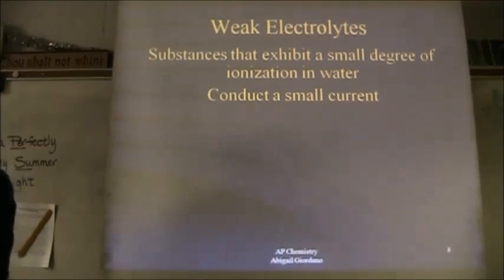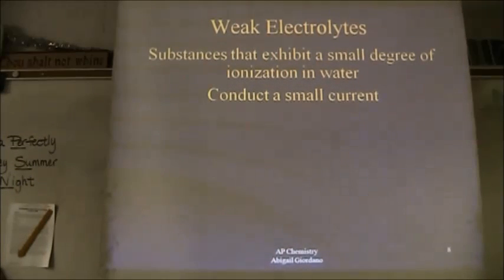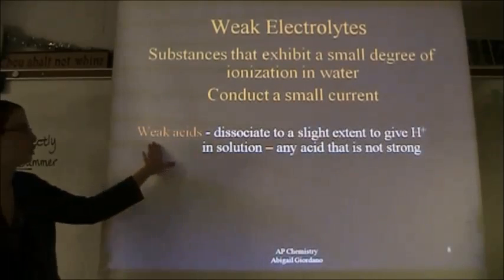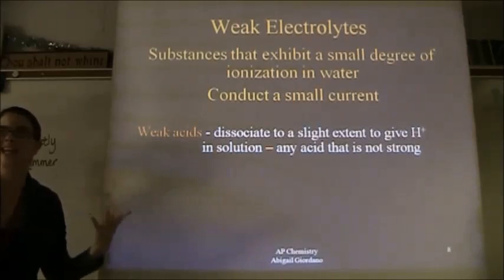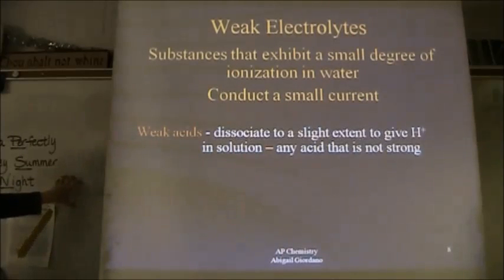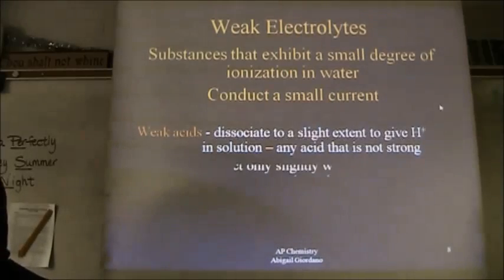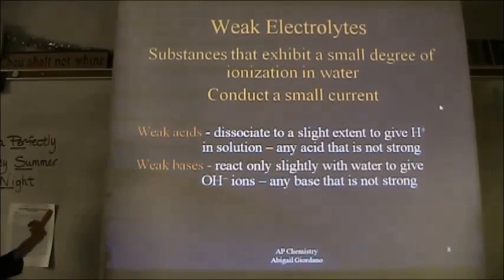So this is when you would see a light bulb light up, but very, very dimly. You don't need to memorize your weak electrolytes. You don't have to memorize what are your weak acids. If it's any acid that's not on this list, then it must be a weak acid. Same with weak bases. If it's not in the list, it must be a weak base.